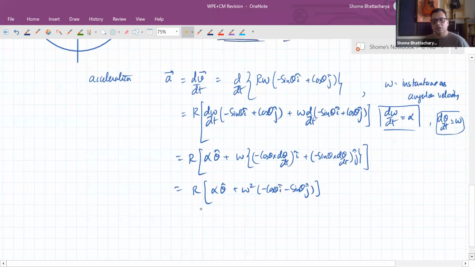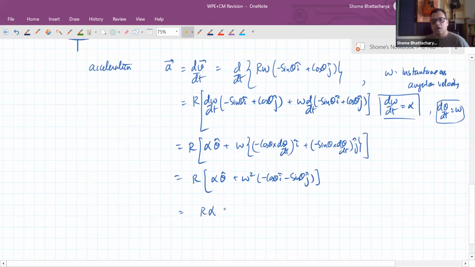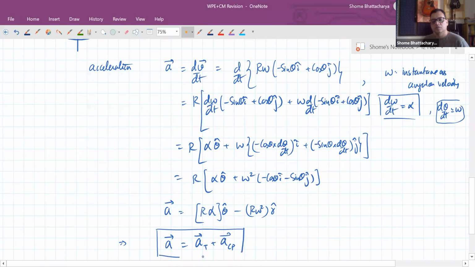So overall, we can now say that the acceleration is r alpha theta cap minus r omega square r cap. So this is the overall acceleration vector for us now. So we denote this as the sum of something called tangential acceleration plus something called the centripetal acceleration, where this is what we call the tangential component of acceleration, or simply the tangential acceleration.